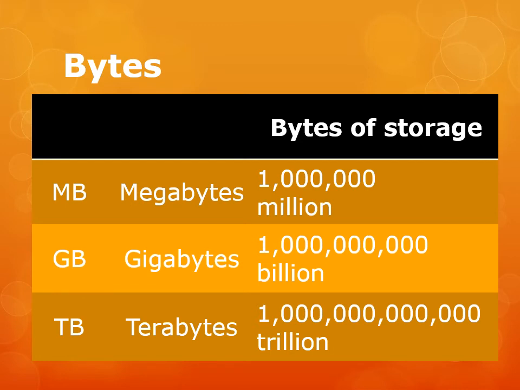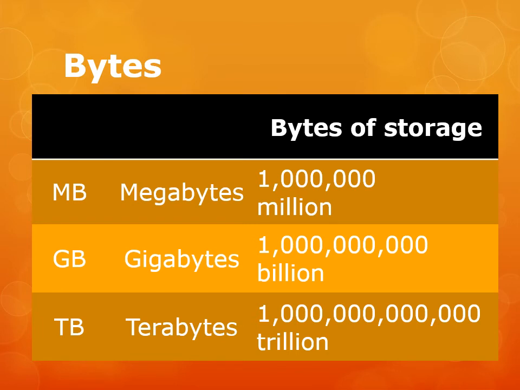When you're talking about how much storage you have in your computer, you may be looking at megabytes, gigabytes, and terabytes. So megabytes are about 1 million bytes. So that's all those bytes put together.